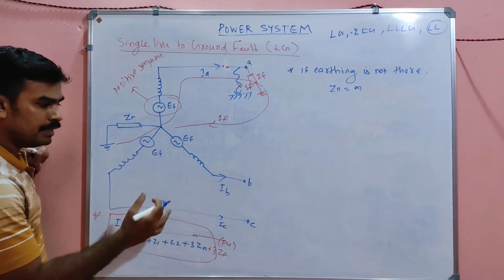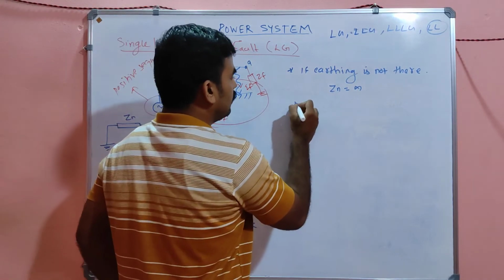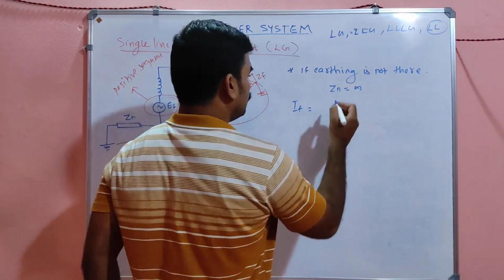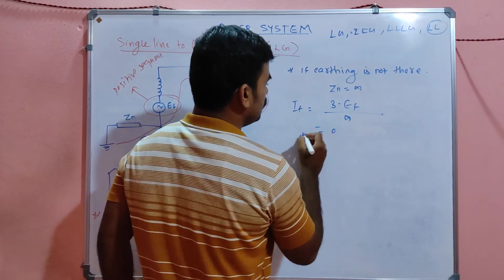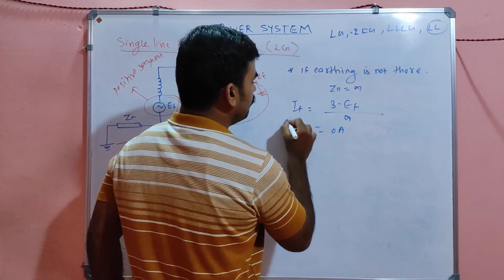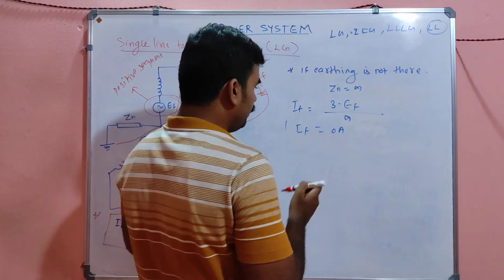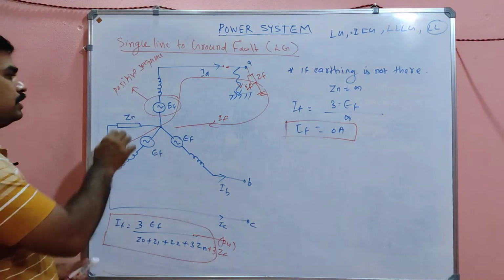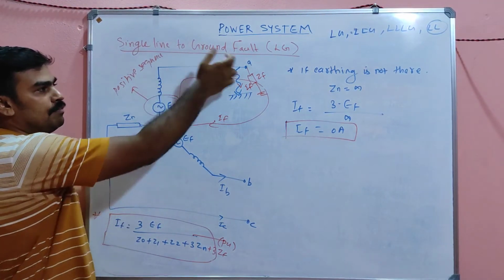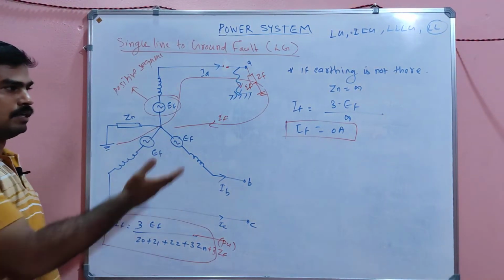Correct? So what happens to the fault current? IF is equal to 3 into EF divided by infinity, which is 0. Very important relationship, my dear. If we don't ground Zn, there will not be any closed path for the current, so the current will be 0.